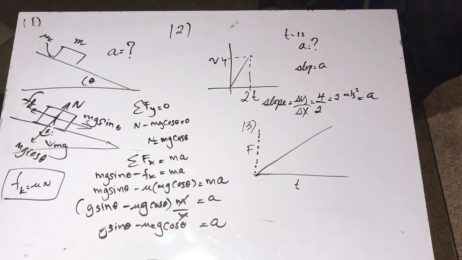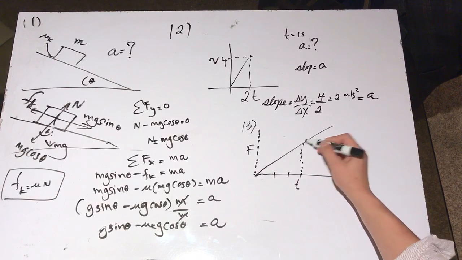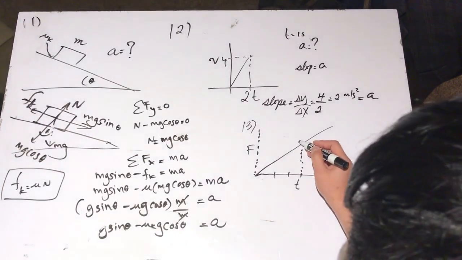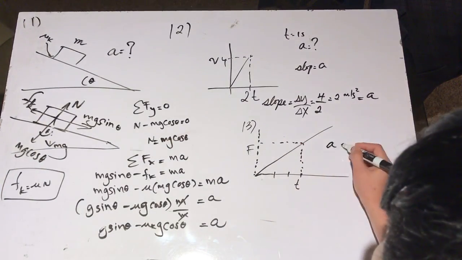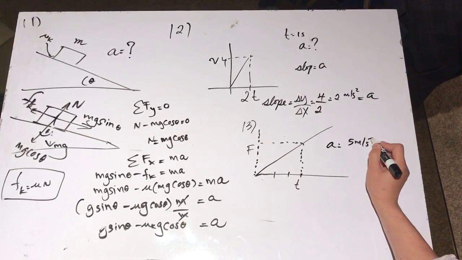But this graph doesn't tell you that; it asks you to figure out what x is. It tells you that at t equal to 3 seconds, you have to figure out what the force is first. It said a is equal to 5 meters per second squared.